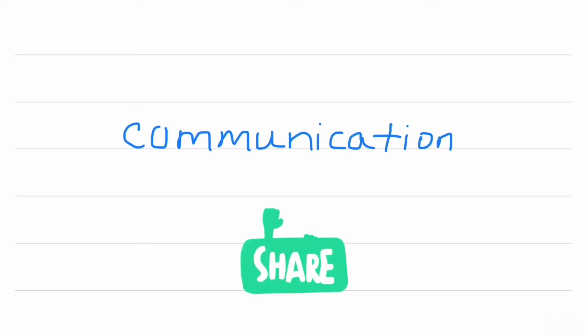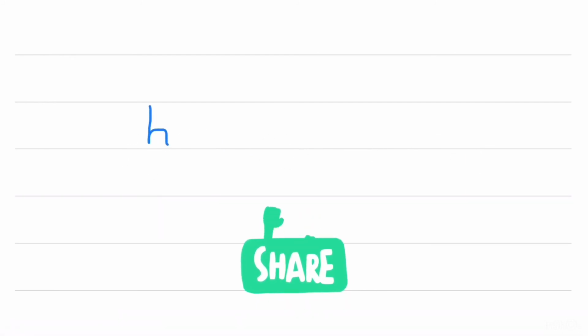Here's a hard one. Write the word communication in cursive. Finally, write the word highlighter in cursive.